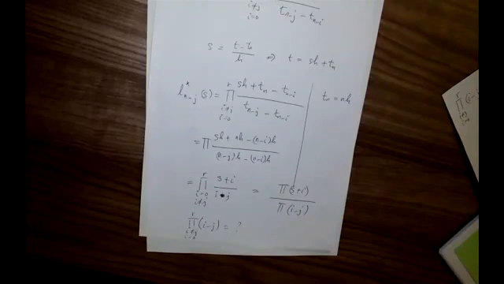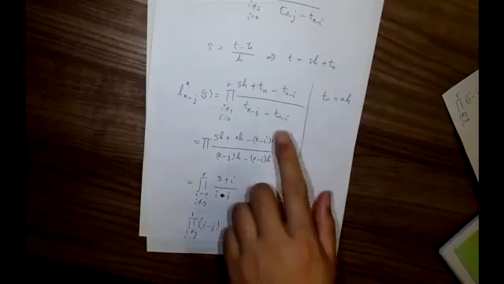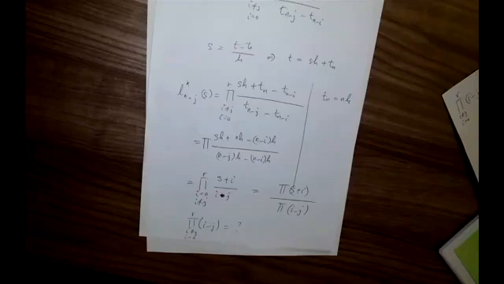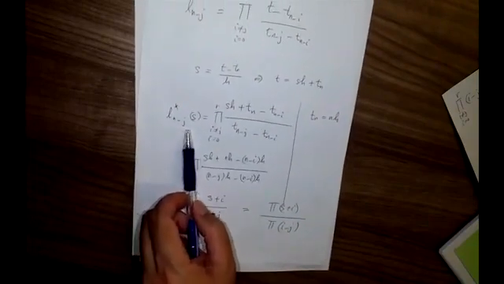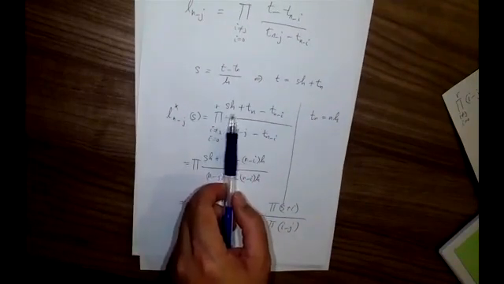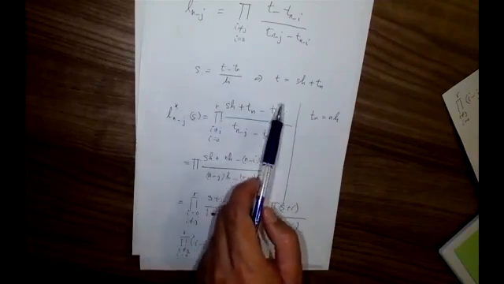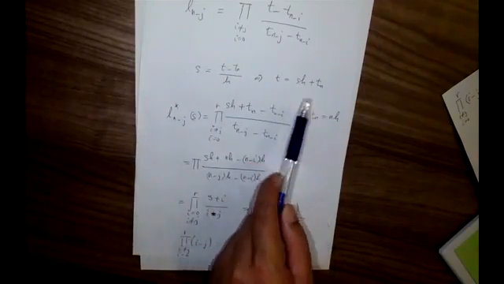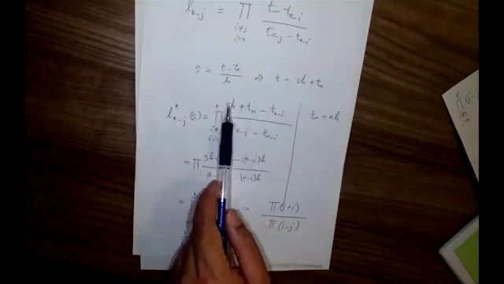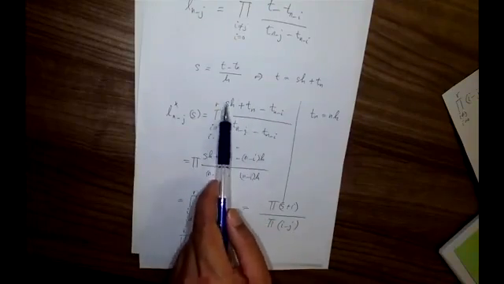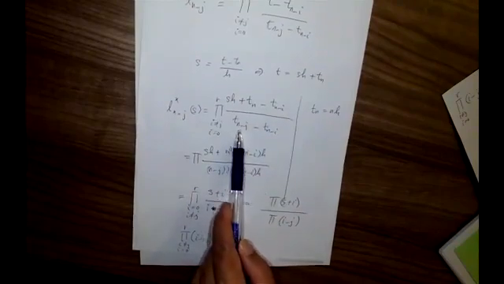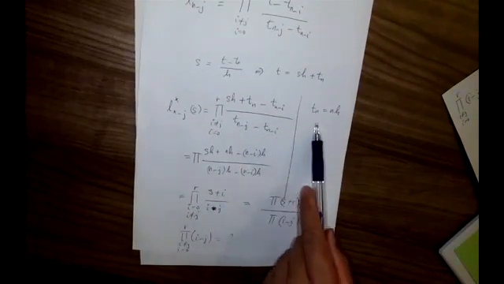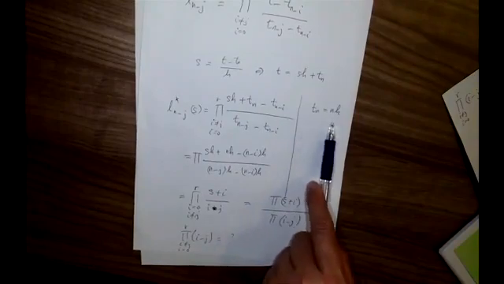Then L star of s is given by this calculation. Because of this transformation, t now becomes sh plus t_n. So you replace t by sh plus t_n, minus t_{n-i}, and this is t_{n-j}, t_{n-i}. And then we use uniform time steps, so t_n equals nh.